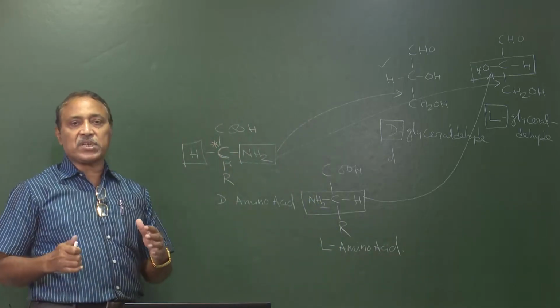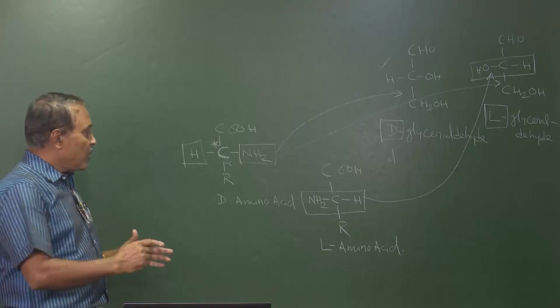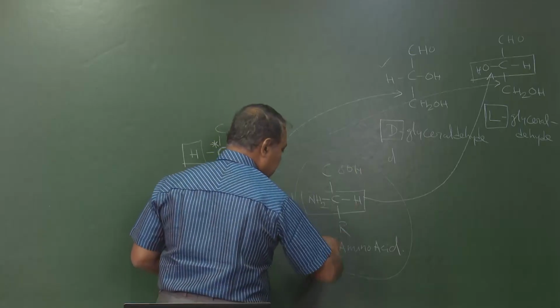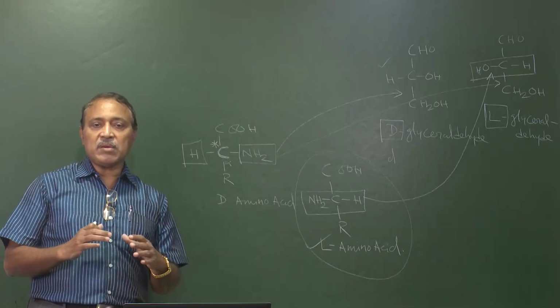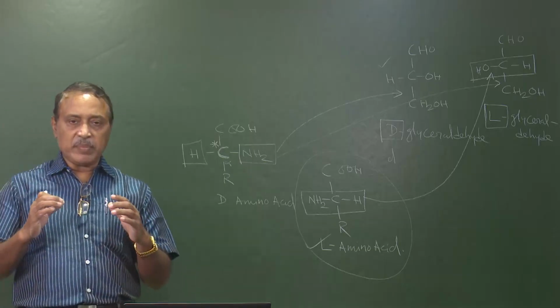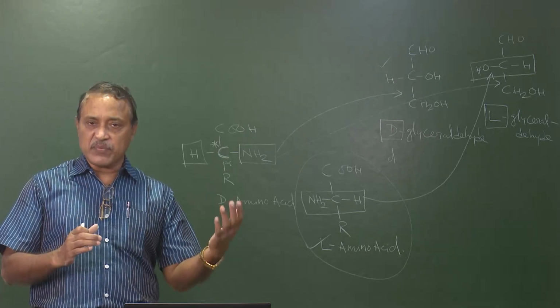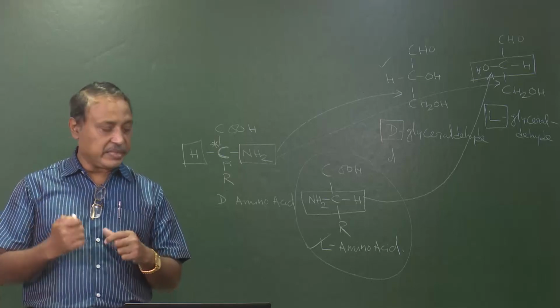All the amino acids in our proteins are of this category, L amino acid. So, like this, many biomolecules will have either the D form or the L form. Wherever necessary, we have to ascertain that.